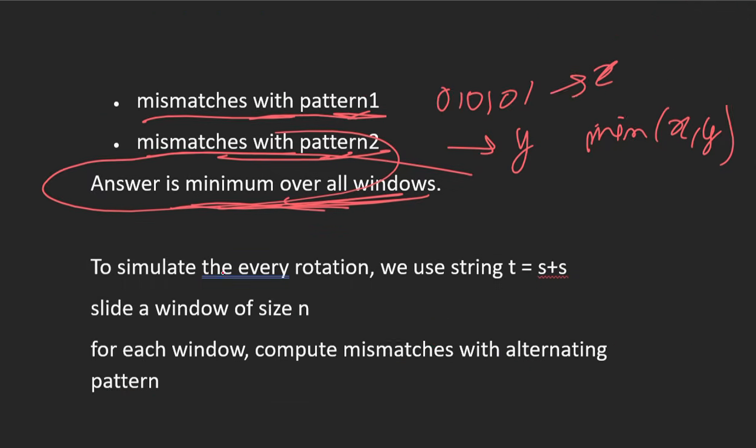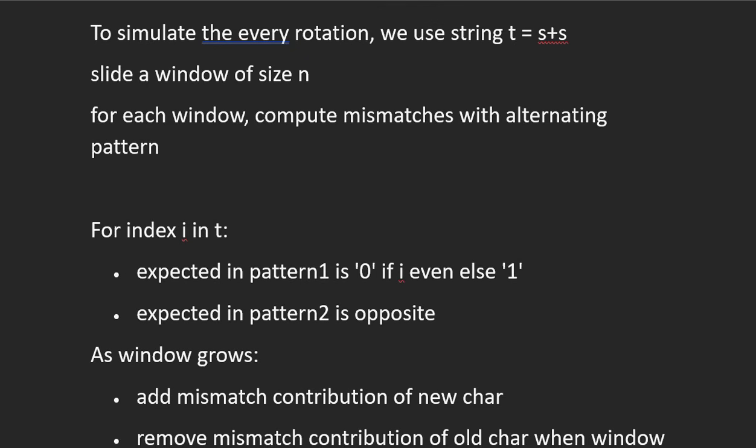To simulate every rotation we have used another string t, which is a concatenation of the original string. Suppose our original string is triple one triple zero, so we make it triple one triple zero triple one triple zero.